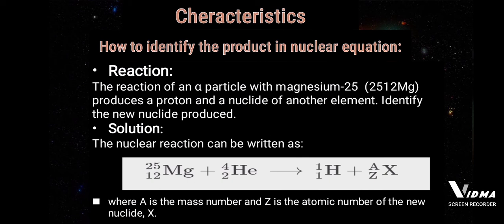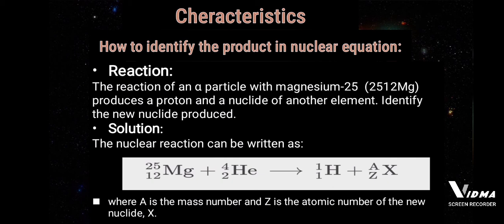Here I quote an example to identify the product in a nuclear equation. The reaction of an alpha particle with magnesium-25 produces a proton and a nuclide of another element. We have to identify the new nuclide produced.